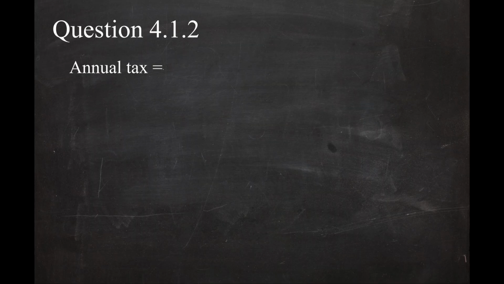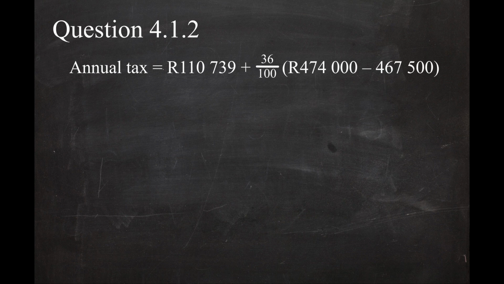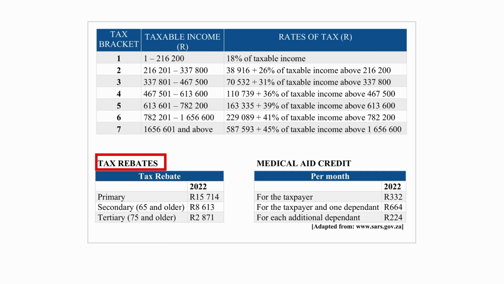So the annual tax before rebates is calculated as 110,739 plus 36 over 100 multiplied by the difference between the annual income of 474,000 and 467,500. Now the brackets part of the equation must be calculated first. This equation then simplifies to an annual tax of 113,079 Rand.